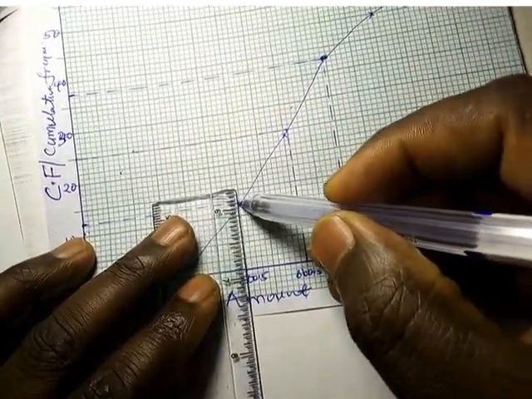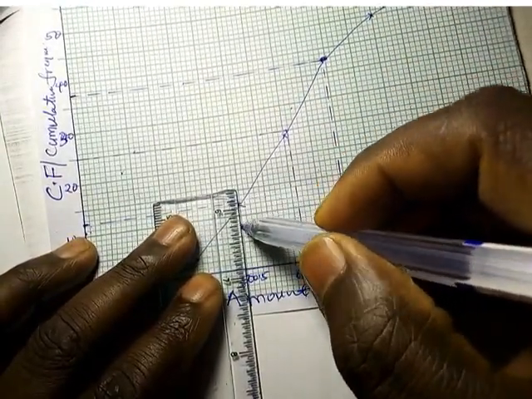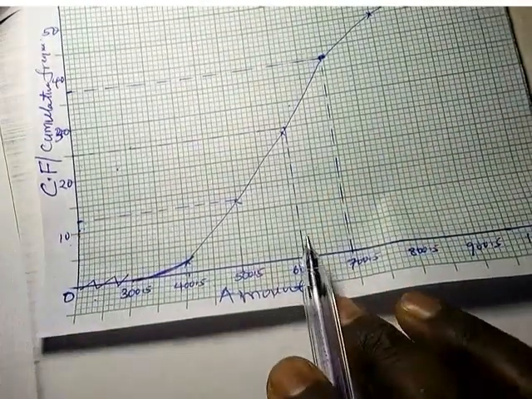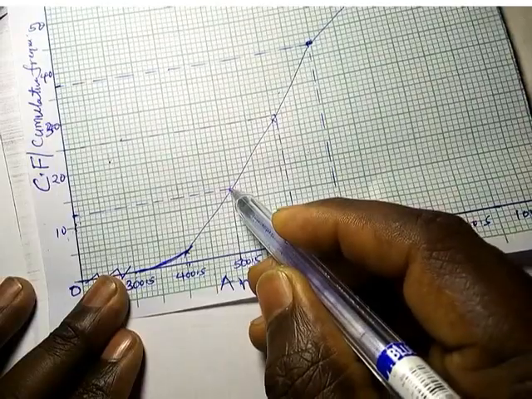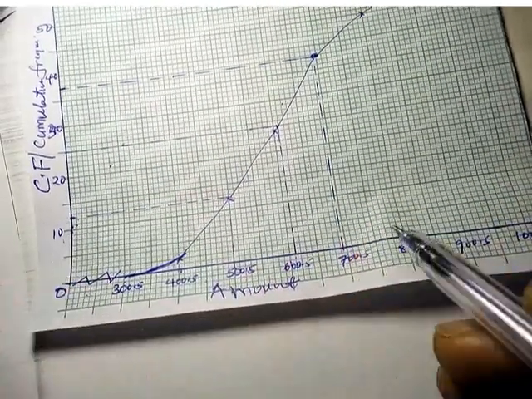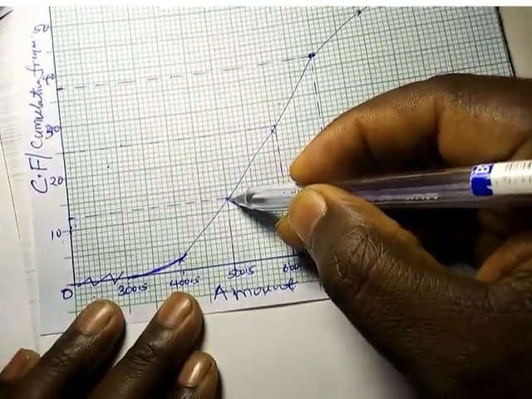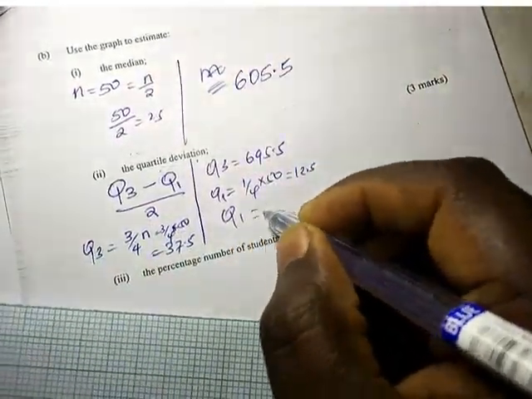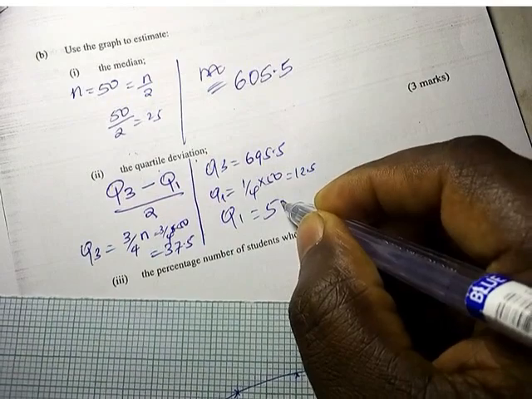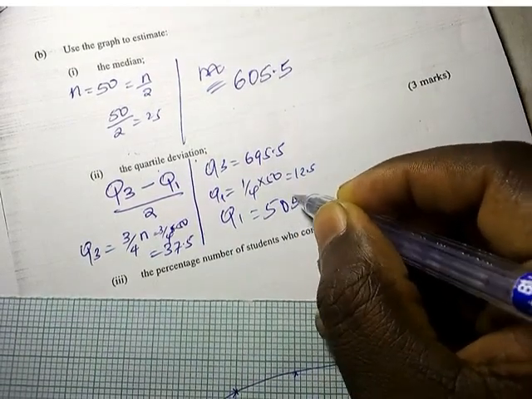Then come down. According to me, it is 500, but I think it is 500.5. Yeah, nimekunja kidogo. So Q1 is equal to 505.5.